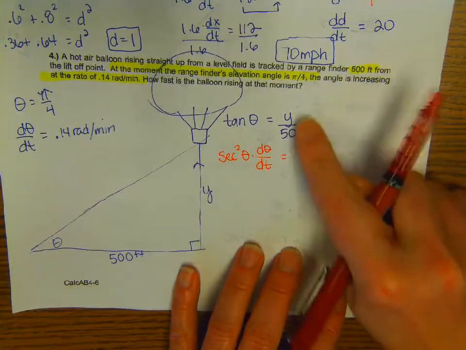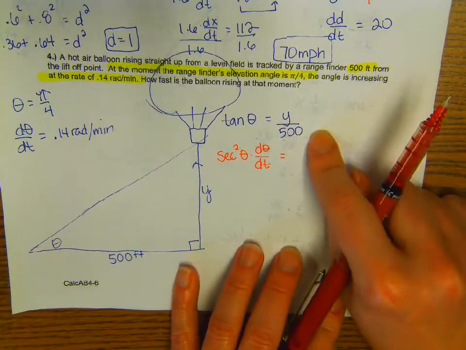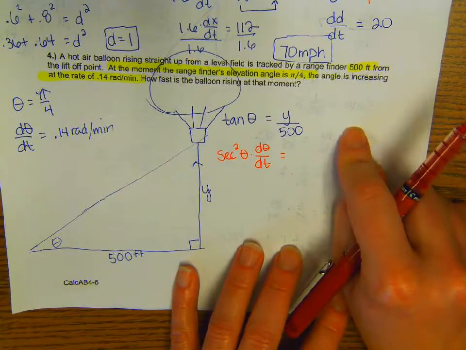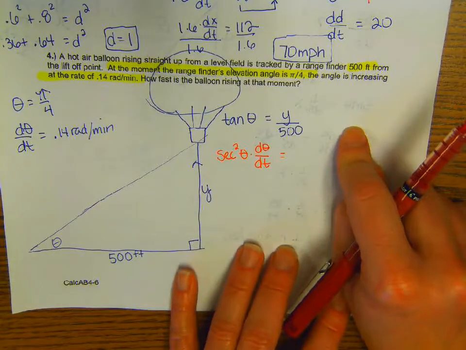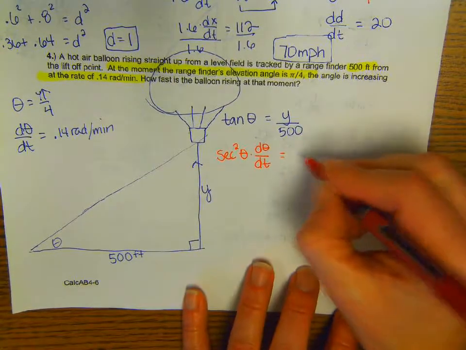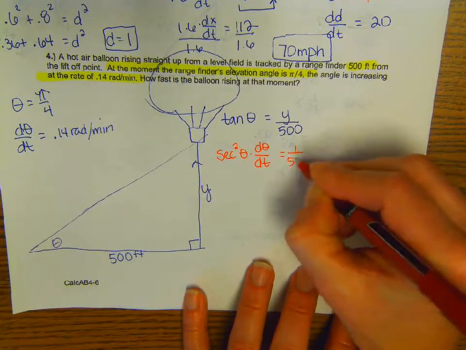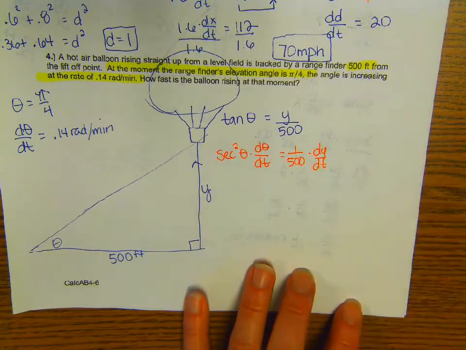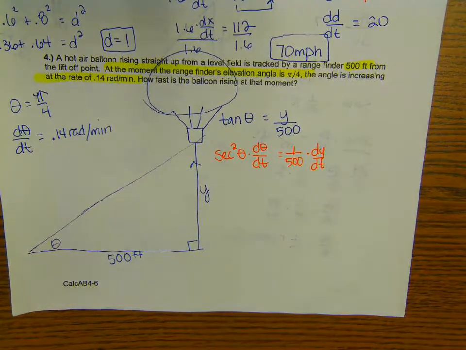equals, now I do not have to use quotient rule, right? Because this is just 1 over 500 times y. Okay? So this just becomes 1 over 500 times dy dt. Okay.